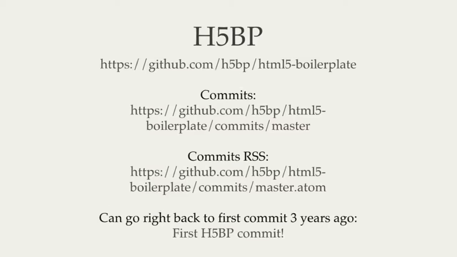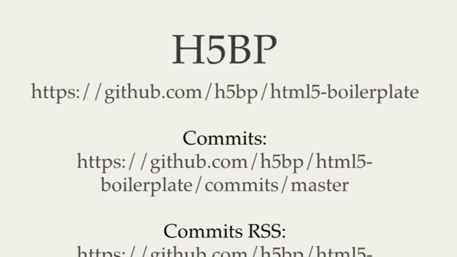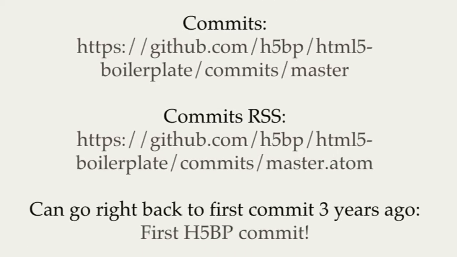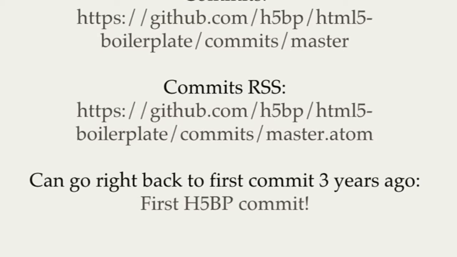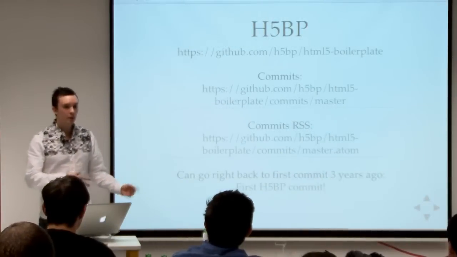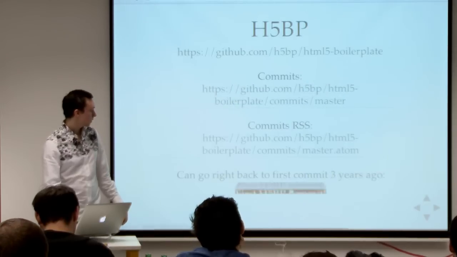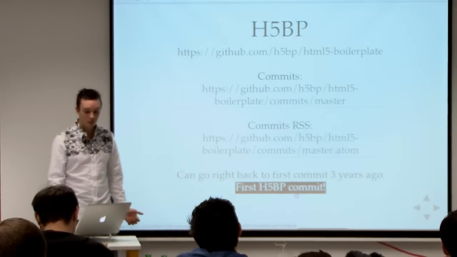So one of the great things that I love on GitHub is the HTML5 boilerplate. Has anyone used the HTML5 boilerplate? Cool. It's really cool looking at the commit notes as well. I've got the link there to the first commit by Paul Irish, which was about 3 years ago.